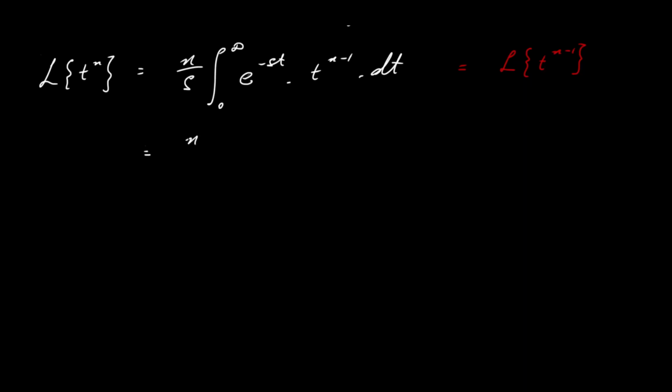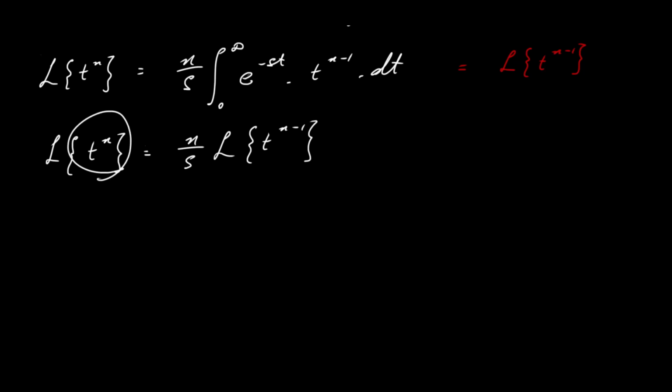This is n over s times the Laplace transform of t to the power of n minus 1. And this is all just the Laplace transform of t to the power of n. So when we work out, through integration by parts, the Laplace transform of the function t to the power of n, we get n over s times the Laplace transform of t to the power of 1 less than n, so n minus 1.